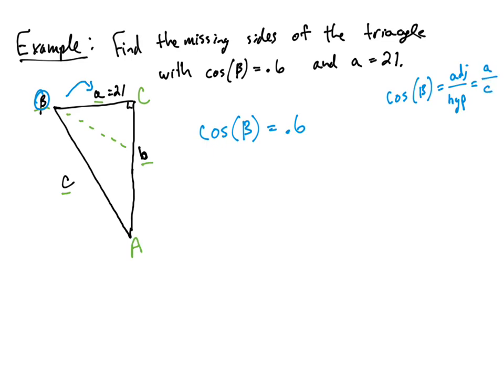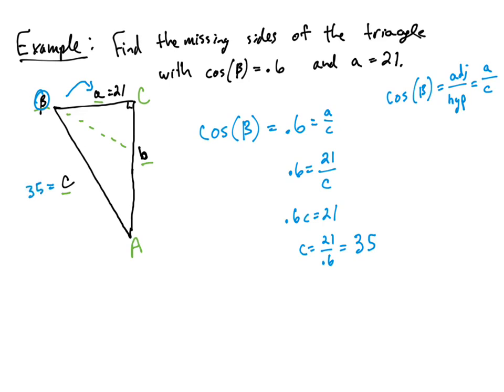So 0.6 is equal to a over c. So 0.6 is equal to 21 over c, but we don't have side c yet. So I can multiply both sides here. 21 divided by 0.6, we get 35. So that is side c.